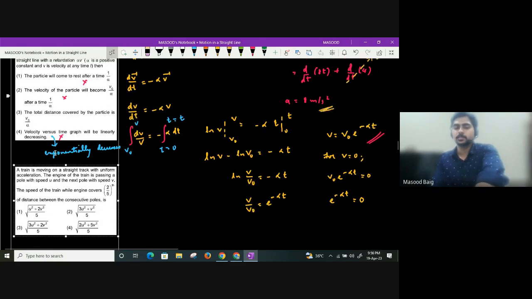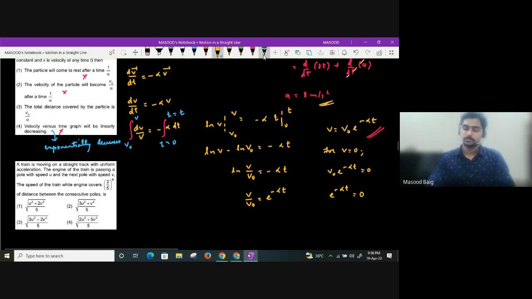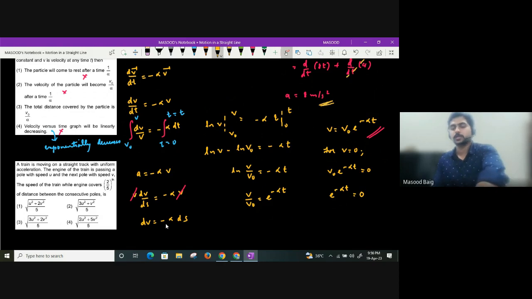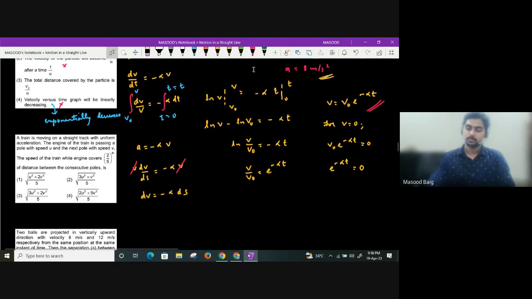So what did we get for acceleration? Minus alpha into v, we got, no? So can I write a as v into dv divided by ds, which should be minus alpha into v? From this, v will get cancelled out. So dv will be minus alpha into ds. So can I apply integration on both sides?